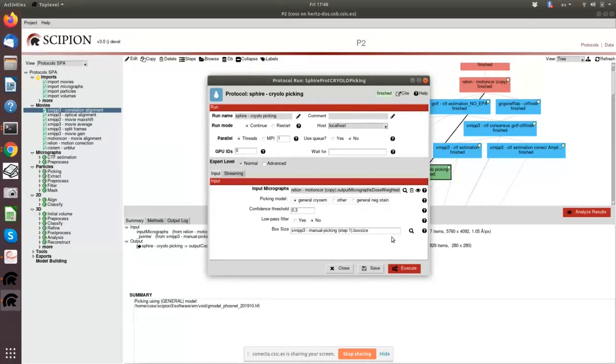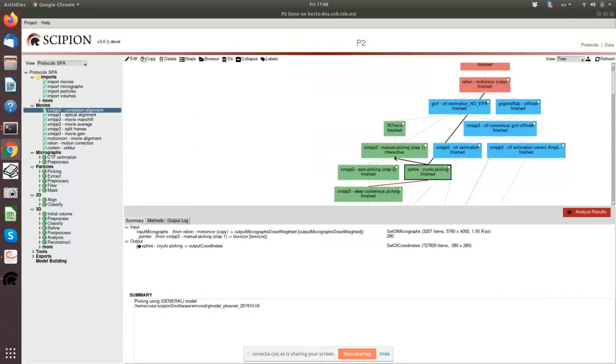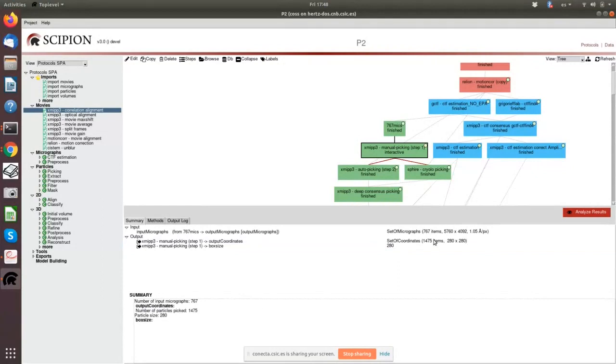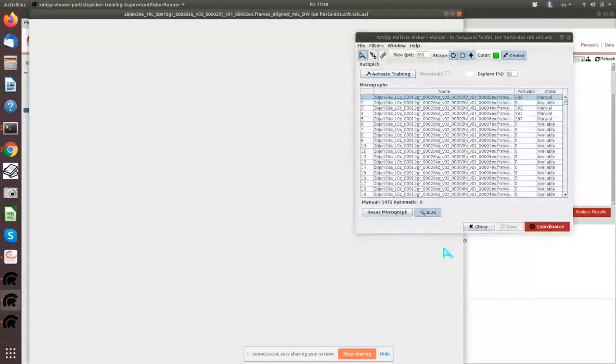The one that is very important is the box size. And for the box size, let's take this one, that probably will be faster. You can follow different strategies to do the picking, so I'll show you the one I like.